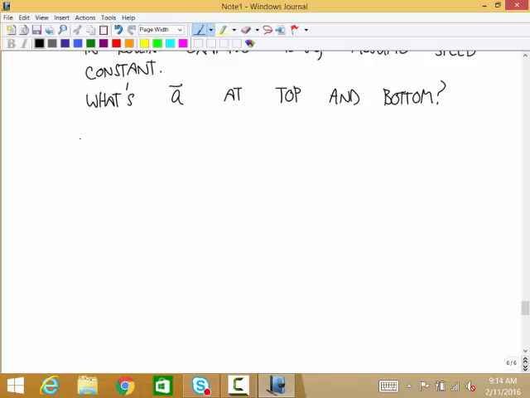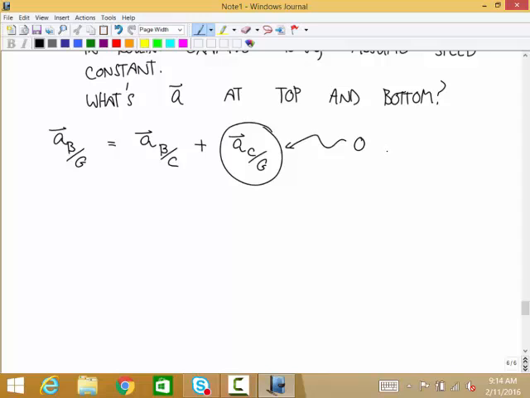Okay, so at the bottom, the acceleration of the bottom relative to the ground is equal to the acceleration of the bottom relative to the center of the circle plus the acceleration of the center of circle relative to the ground. This one is 0 because the center is moving with a constant velocity.